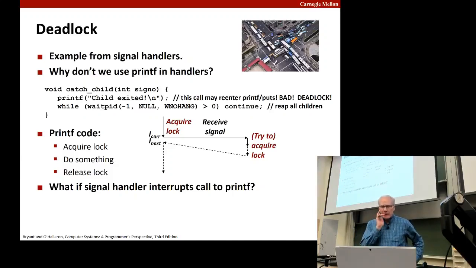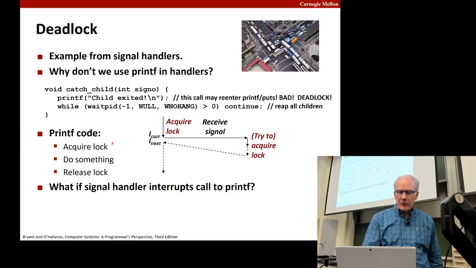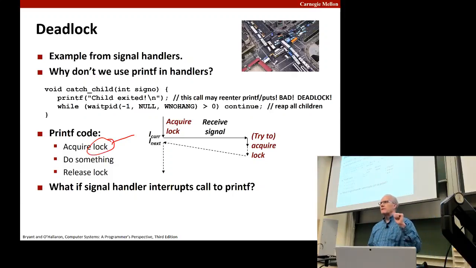The reason is that within the printf code, and we'll get into this next lecture, I guess, is the idea of locks. A lock is the way that you can grab a resource and say, I have exclusive control over this. No one else can get to it until I say so. And so you acquire a lock.